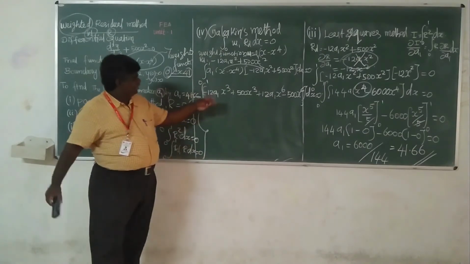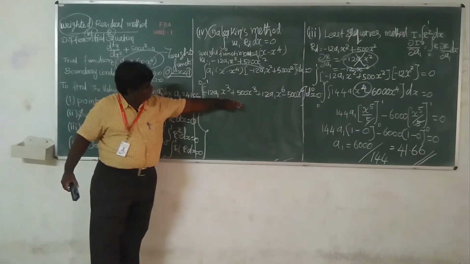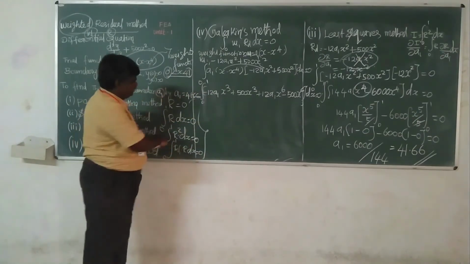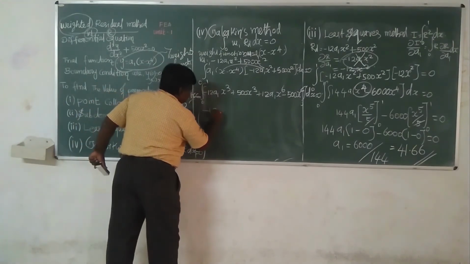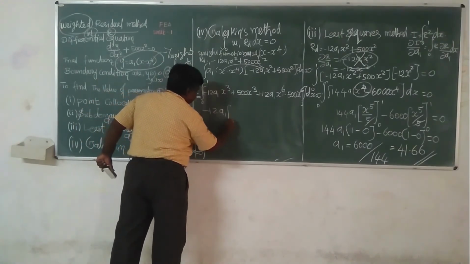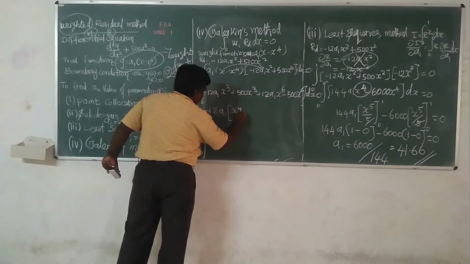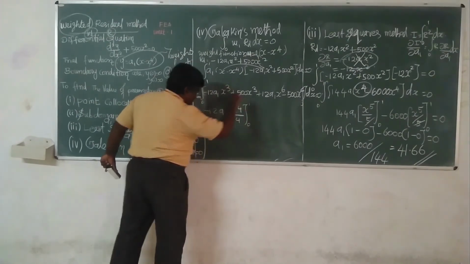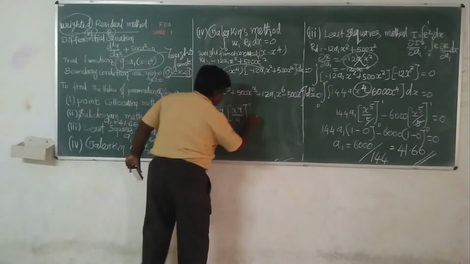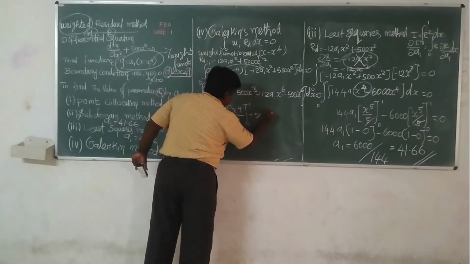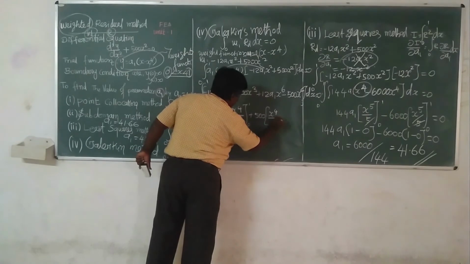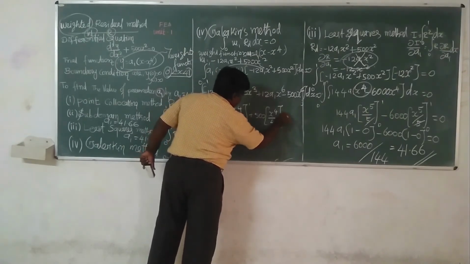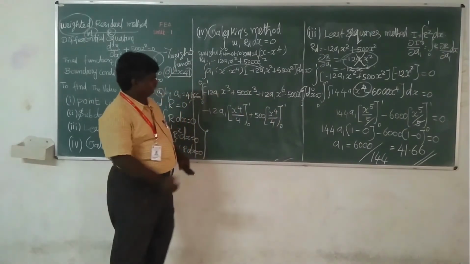Then integrate the above equation: minus 12 a1 x4 divided by 4, limit value 0 to 1, plus 500 x4 divided by 4, limit value 0 to 1.